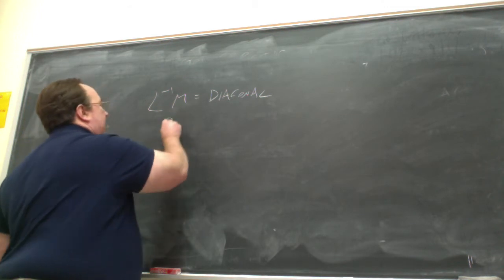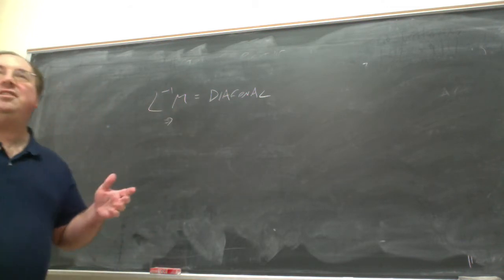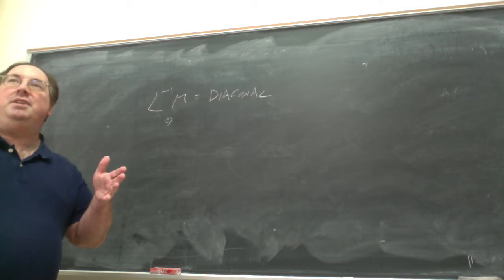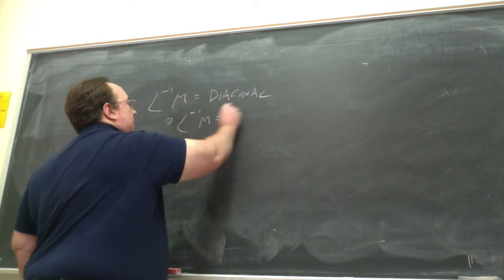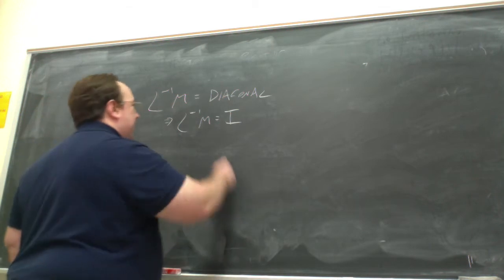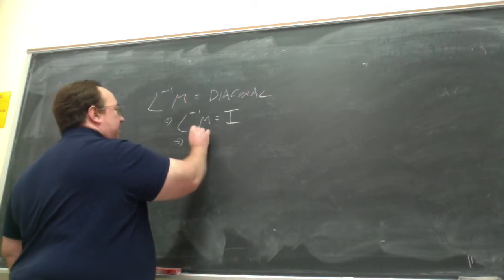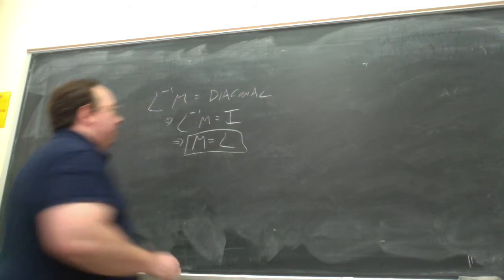That means their product does too, because when you multiply lower triangular matrices, the diagonal entries are just the products of the diagonal entries of the originals. So L inverse M is equal to the identity, and I can rearrange this. That means M equals L.